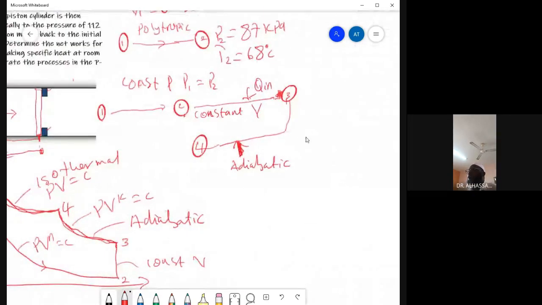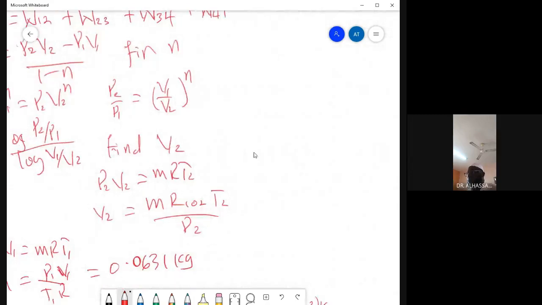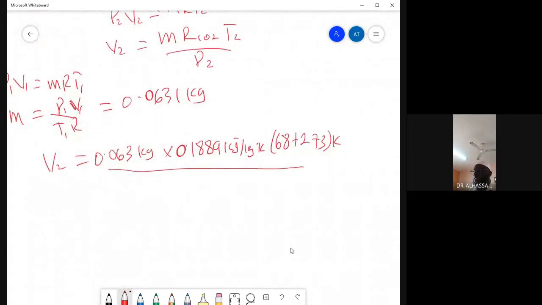We are told P2 is 87 kilopascal. If you calculate this carefully, V2 should give you 0.6467 meter cube. Maybe somebody can help me calculate. Anyway, let's move ahead.